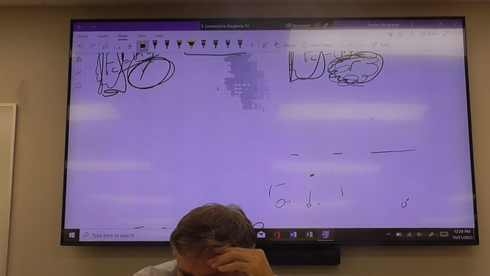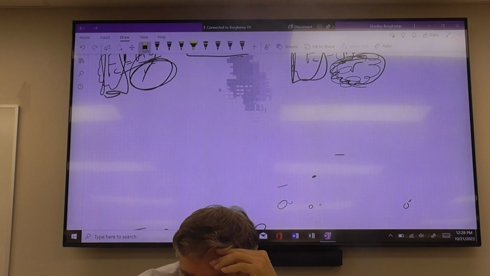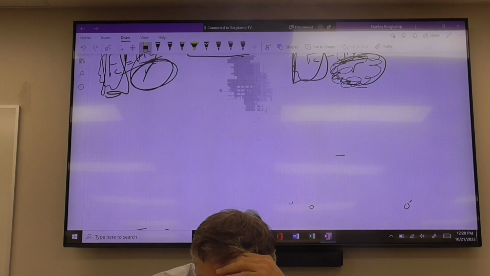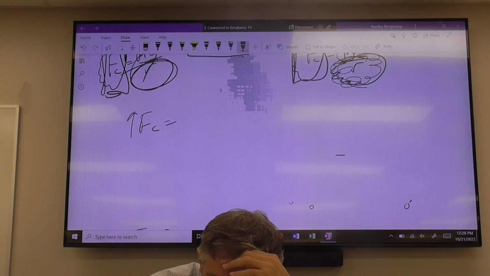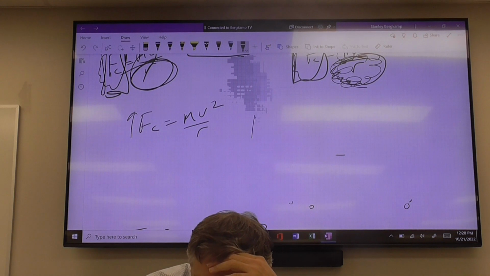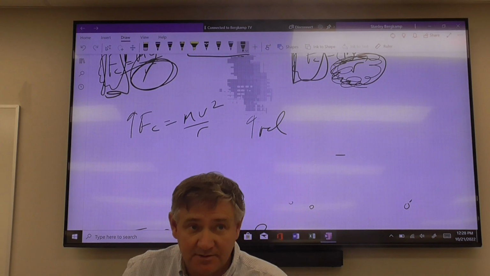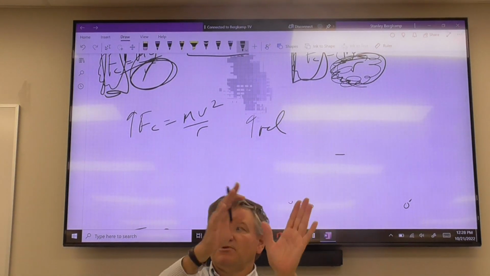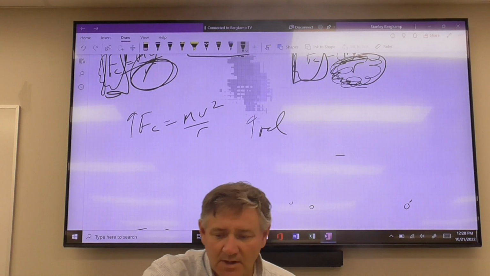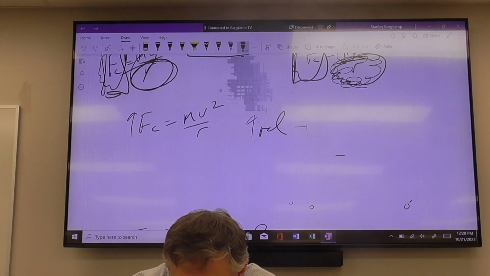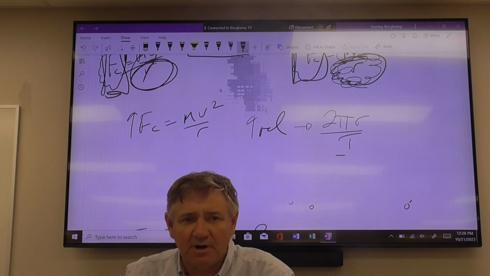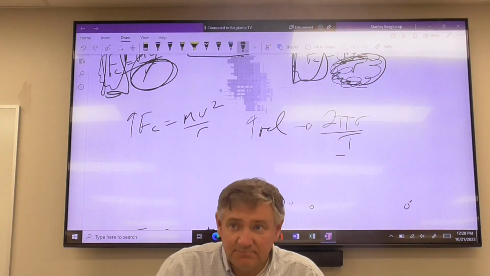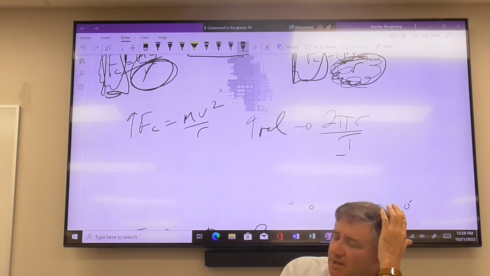On trials 1 through 4, you're going to create a bigger centripetal force, which equals mv squared over r. And we said that the velocity had to get bigger. Now, let's do a little sub-calculation. Velocity is going to be calculated by 2 pi r over t. That's what I want you to think through.